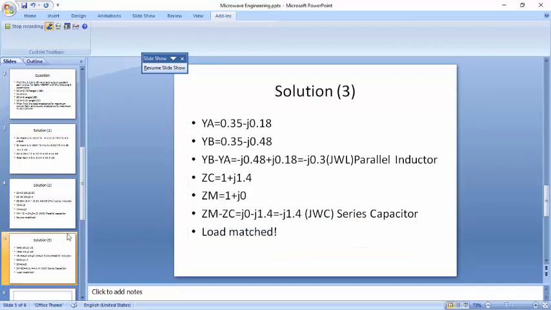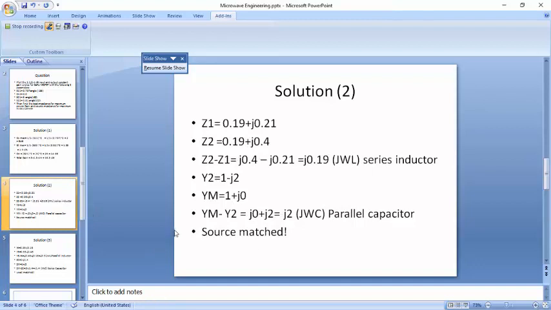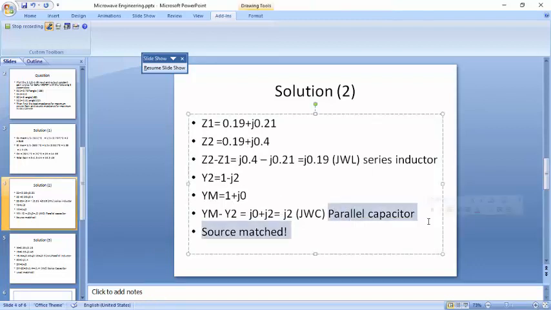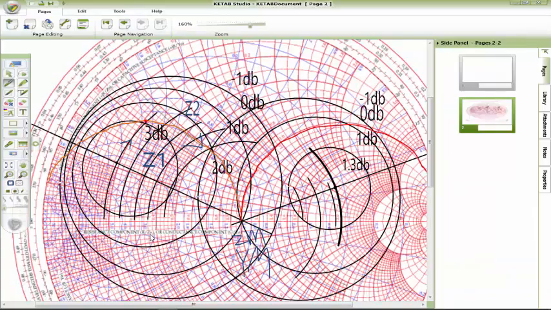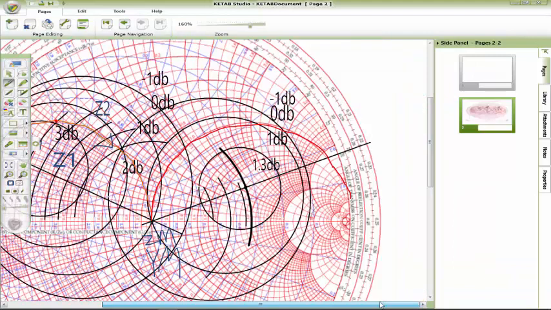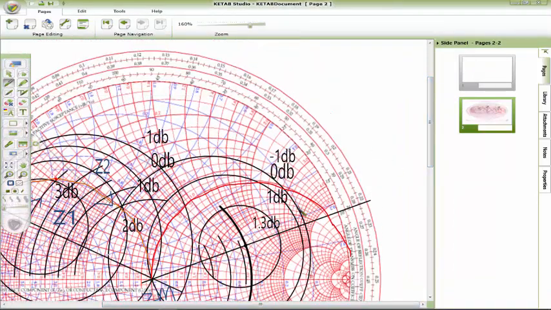Okay, now we have this parallel capacitor j0 plus j2 equal j2. So we have a source matched here. But on the load, we go and check this.